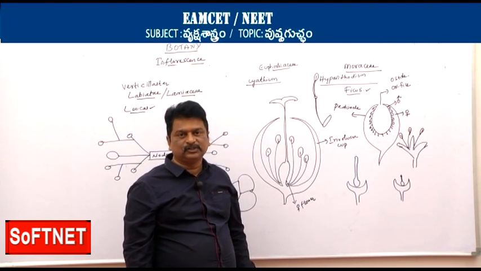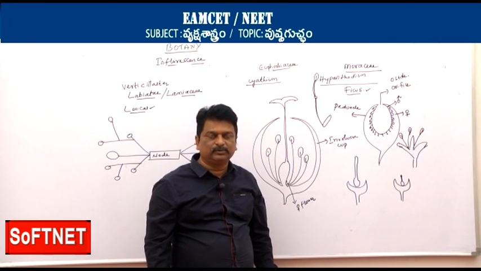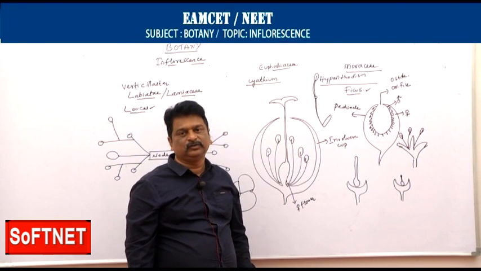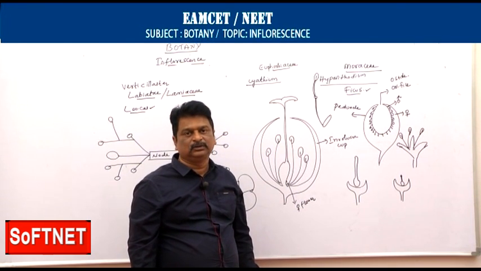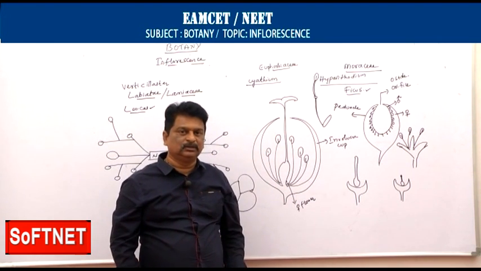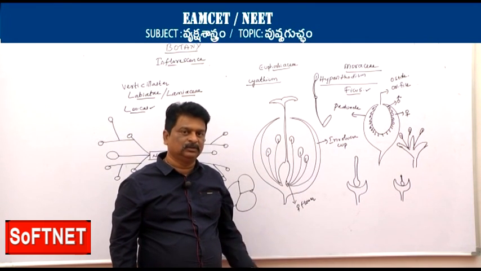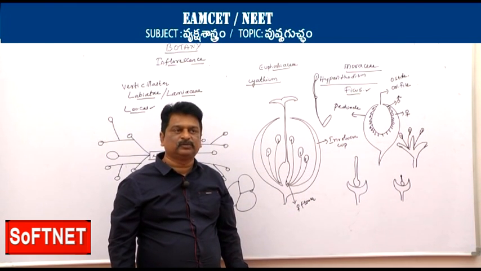This condition is called trimorphic. There are 2 types of inflorescence which contain trimorphic flowers. Among the 2, one is spadix, where male, female, and sterile or neuter flowers are present. Here, male flowers, fertile female and sterile female flowers are present.